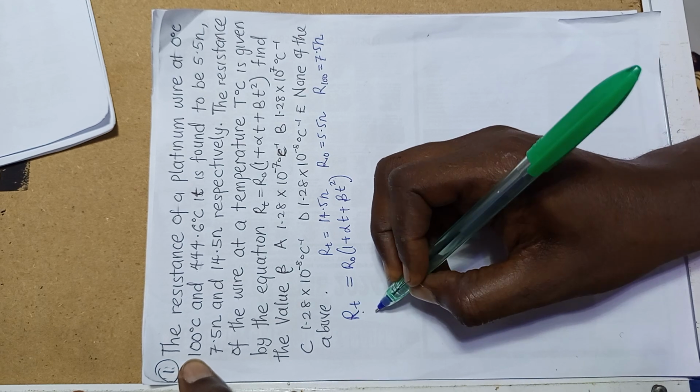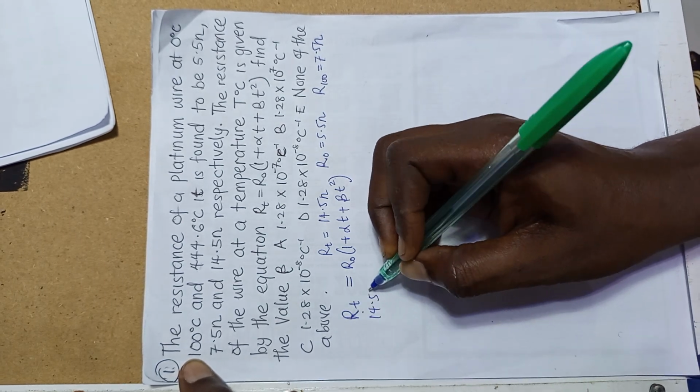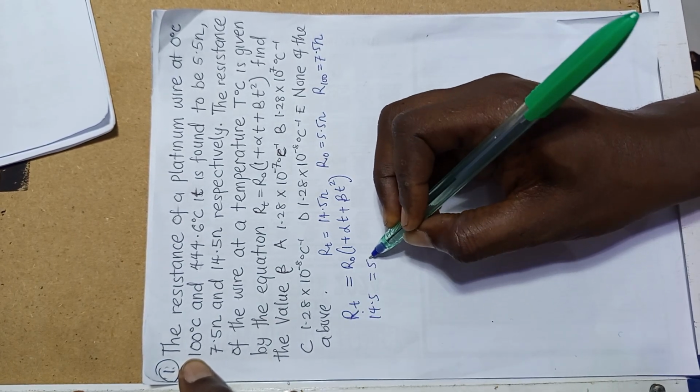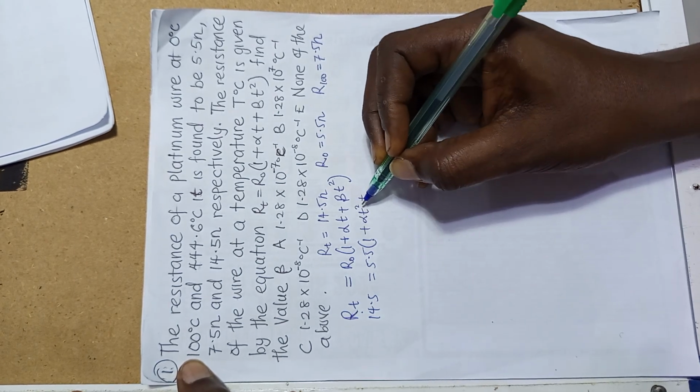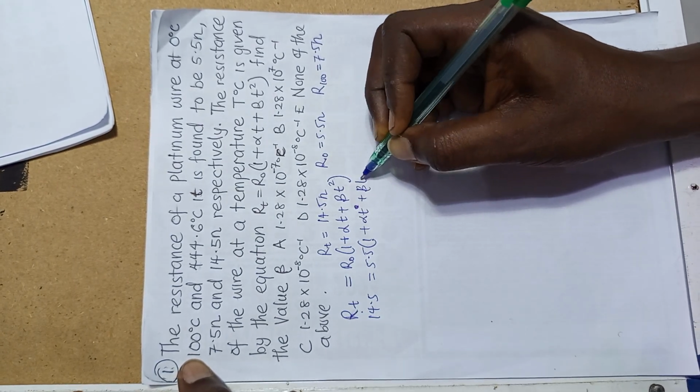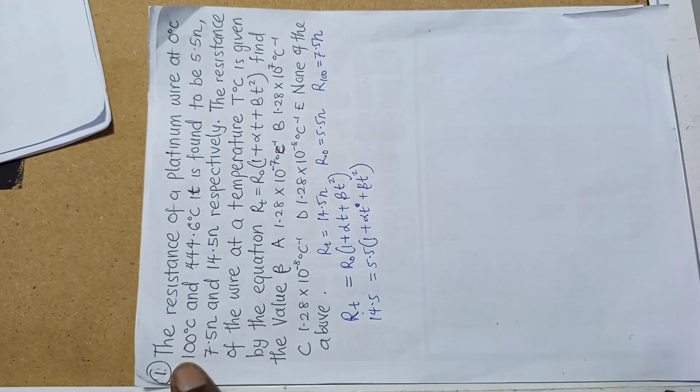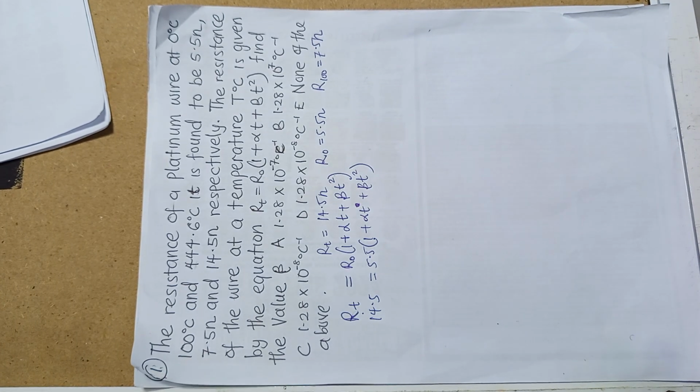This one is 14.5 equals 5.5 (1 + alpha t + beta t square). Now let's form an equation from there.